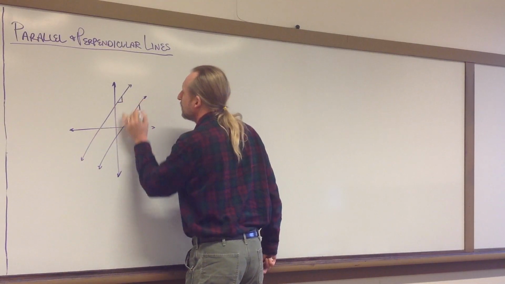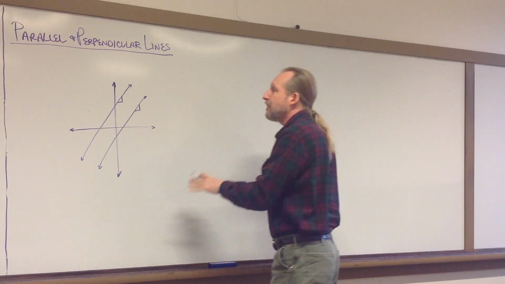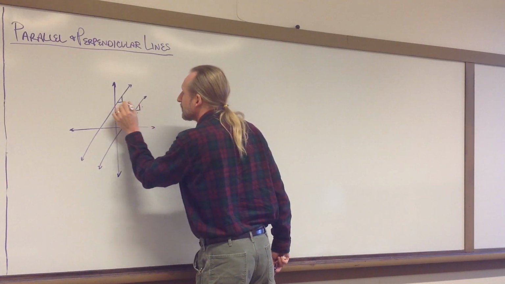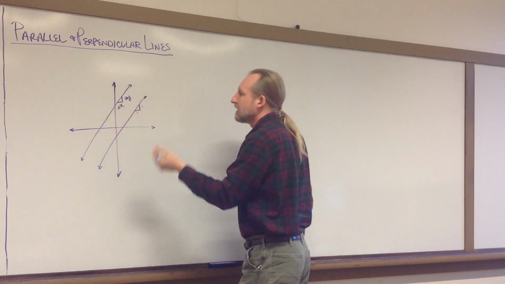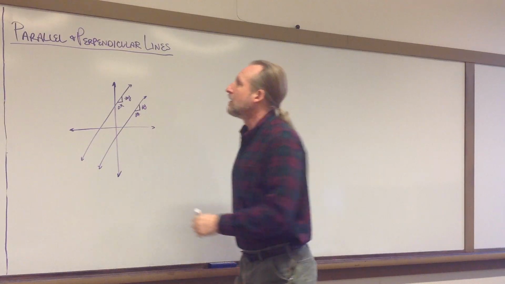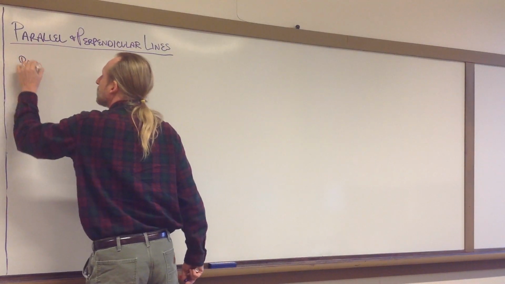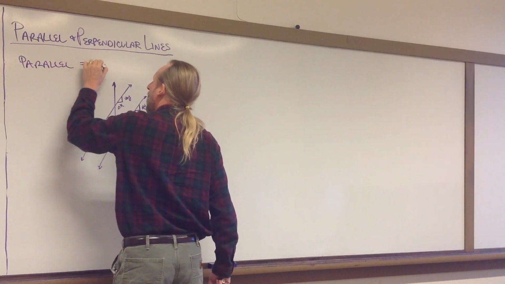If you went up too much, then they would intersect up there. Okay? For them to stay parallel, these slopes, the change in y's over the change in x's, have to be exactly the same. So, parallel lines have the same slope.